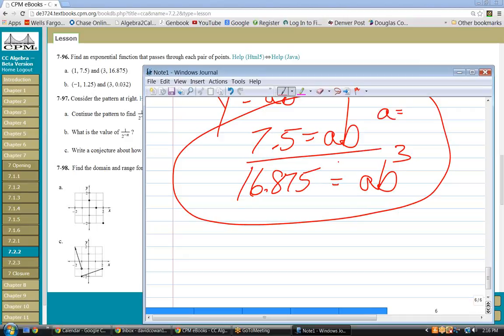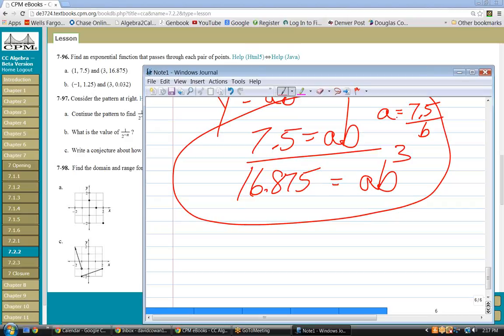This one. 7.5 divided by B. Why? Well, because we have 7.5 equals A times B. If I want to solve for A, I have to divide both sides of the equation by B. Okay.